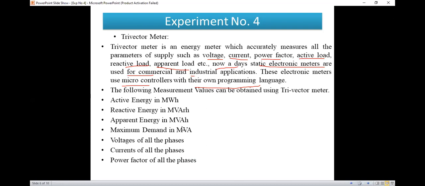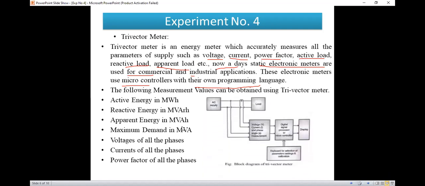If it is equipped with a microcontroller, it is a fixed type of device, so it can continuously monitor all these quantities, that is active energy, reactive energy, apparent energy, the maximum demand on that generator, or all voltages, currents, and power factor. So these parameters can be measured by using these types of meter.